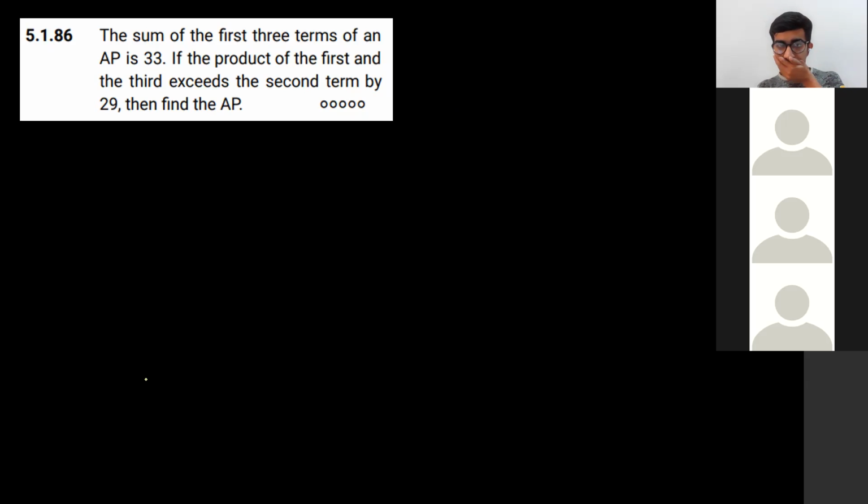Okay. Now see here we have the sum of the first three terms. So the selection of terms that I had written down, now take the three terms as a minus d, a, a plus d. This is where it helps.